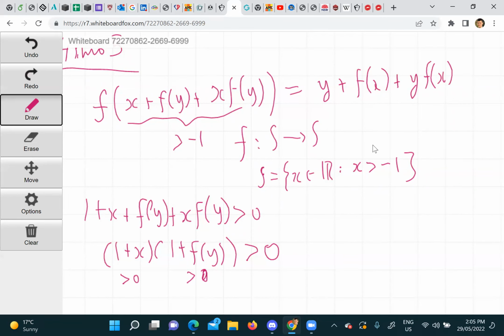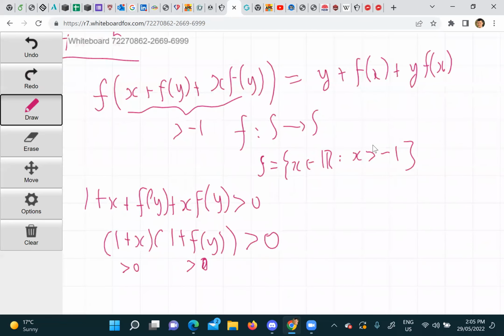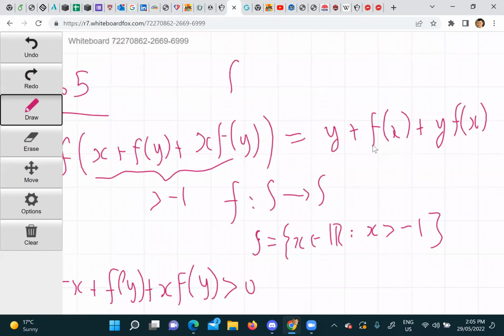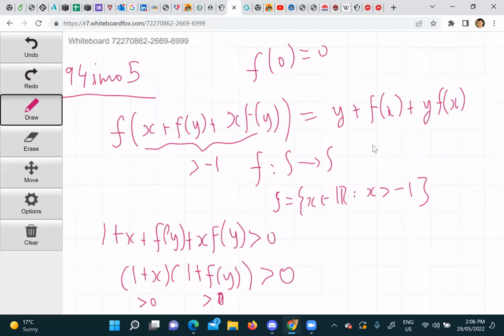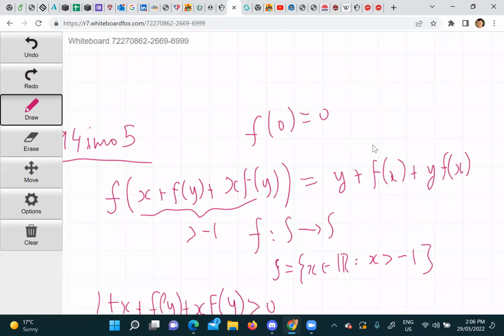Okay, so I was kind of relying on you guys to solve this, but I think there's some things that everyone got. So f of 0 equals 0. We got that by subbing in x equals 0 and y equals 0, and you get f of 0 equals f of 0.